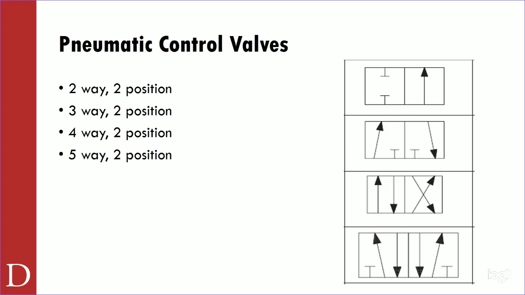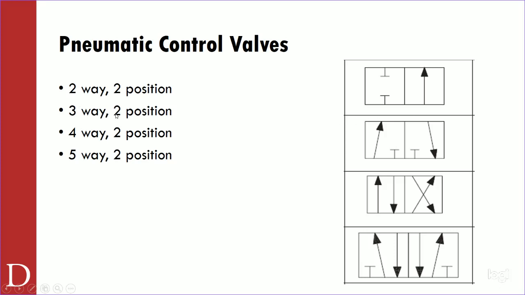Each one of these blocks is essentially a position in which that valve can be put. The two-way, from our standpoint, we're going to think of as the number of ports. I can come in here, and I can come in here on that position. I still can come in here, and I can come in here on that position. That's all I can really do, all right?